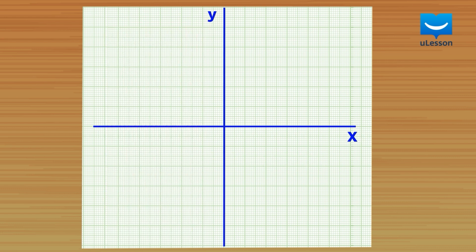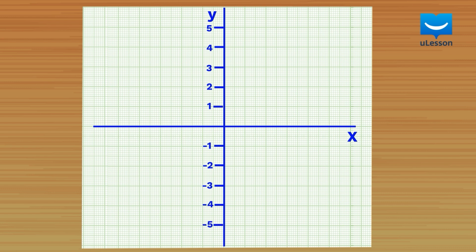So, if we choose intervals such that the distance from the reference point to this point is 1, then it will be 2, 3, 4, and so on. Below the y-axis, we will have -1, -2, -3, -4, and so on.